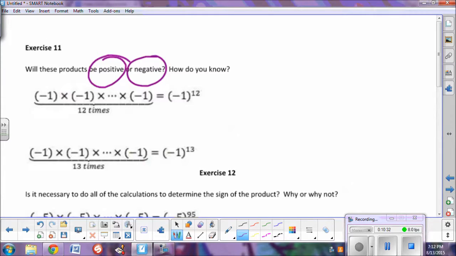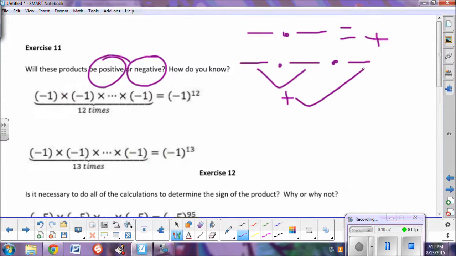If you have a negative times a negative, you know that that's positive. So we had two negatives give us a positive. But what if we wrote a negative times a negative 3 times? So a negative times a negative we just said was a positive, and therefore a positive times a negative you know to be negative.